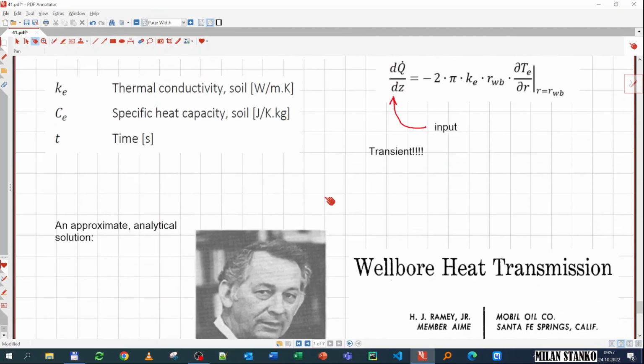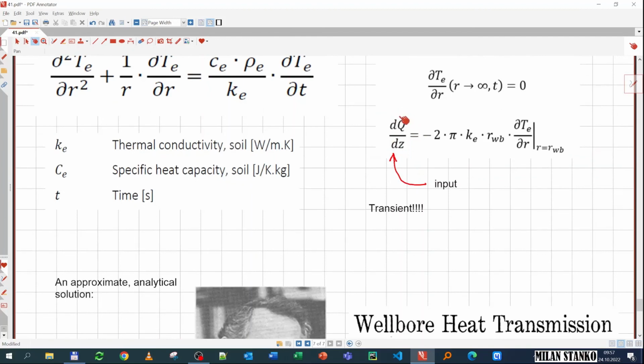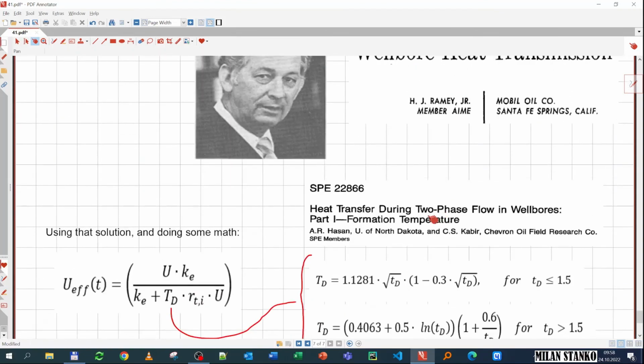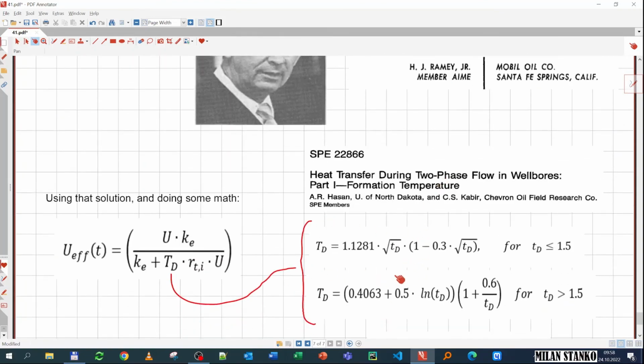And then we can substitute the equation we have for dq/dz in terms of U and delta T. You see that you have the temperature at the sand face on both sides, and then you can substitute this expression there. The details are in my compendium.